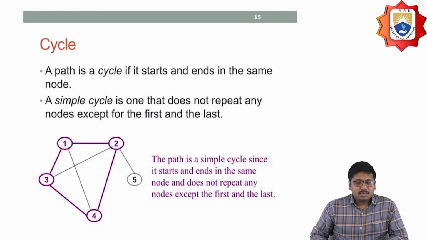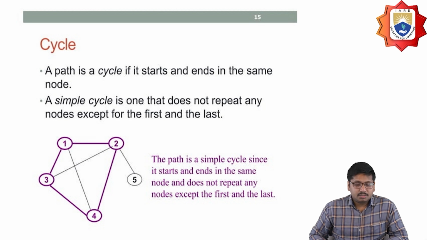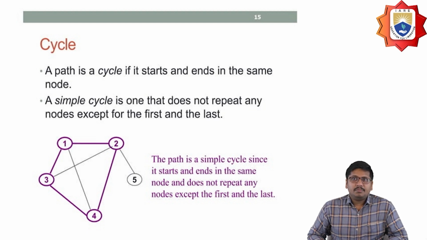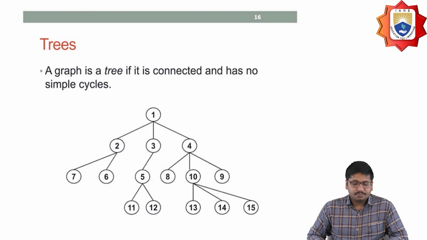So what is a cycle here? A cycle is nothing but a path that starts and ends with the same node or not. That should be the question here. So if it starts and ends with the same node, simply put, it does not repeat any nodes except for the first and the last.